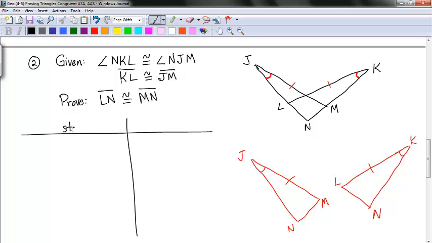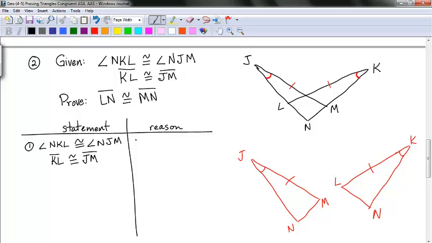Two columns, statement and reason. Write down the given: angle NKL is congruent to angle NJM, and segment KL is congruent to JM.